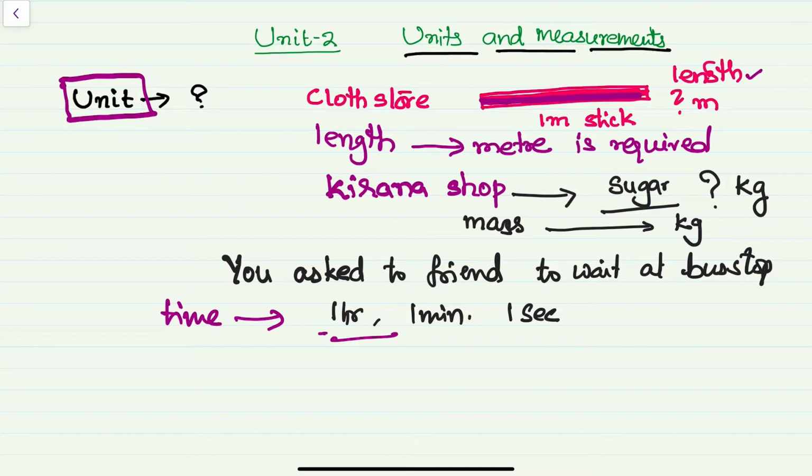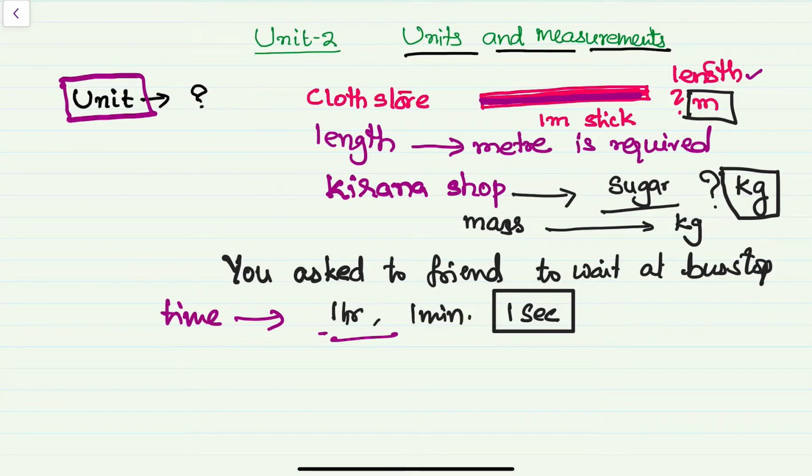In general standard, if you observe it here, 1 meter, 1 kg, 1 second are the units here.